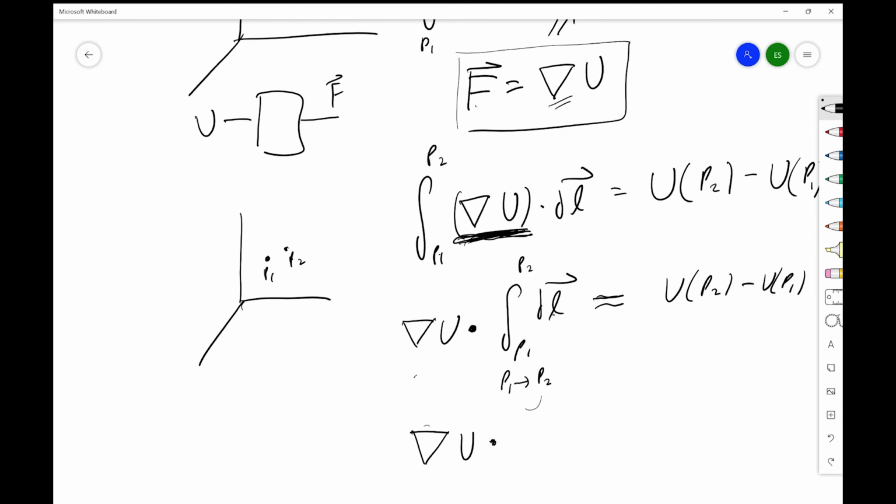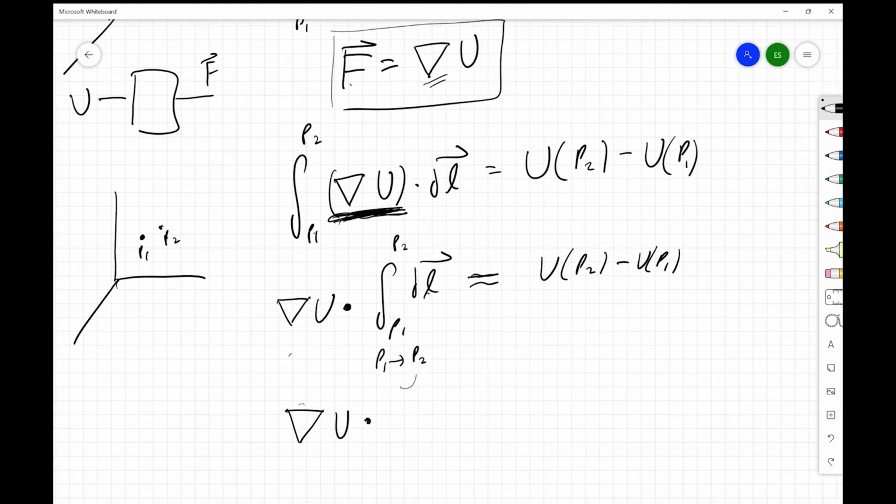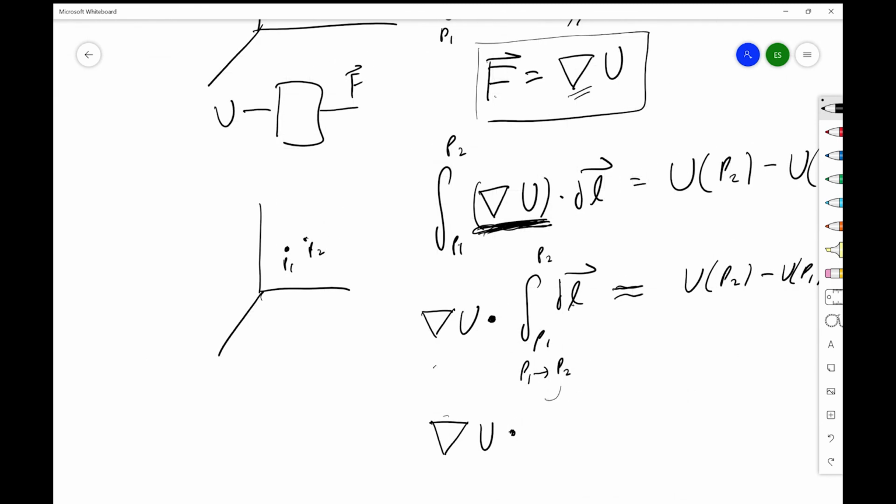So this is some vector in the direction. Here I'm summing the line element dl over this path from P1 to P2. So this is a vector that has a length of delta L, and it's in the direction between P1 and P2. So it's in the direction of the unit vector between P1 and P2.